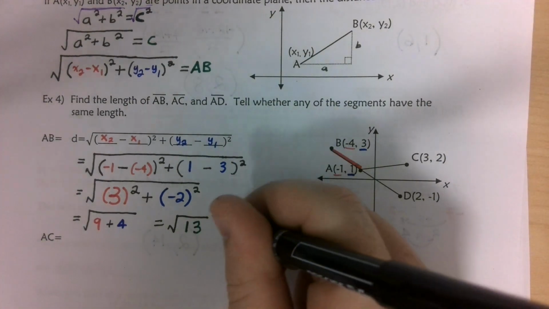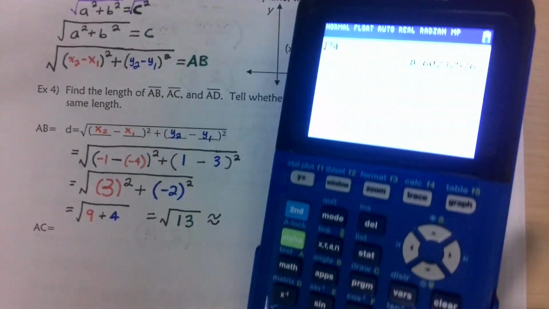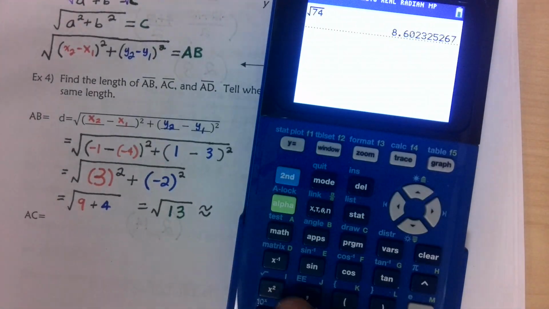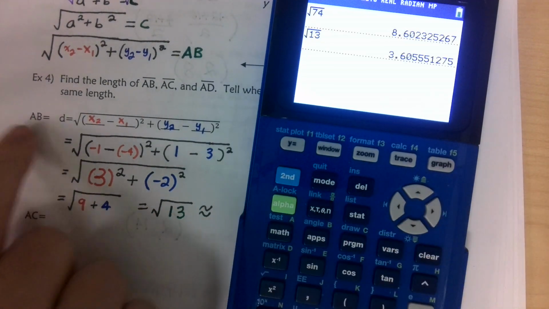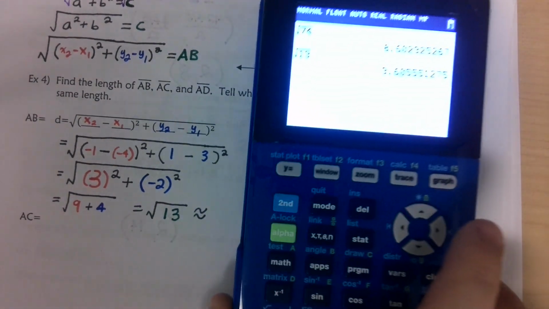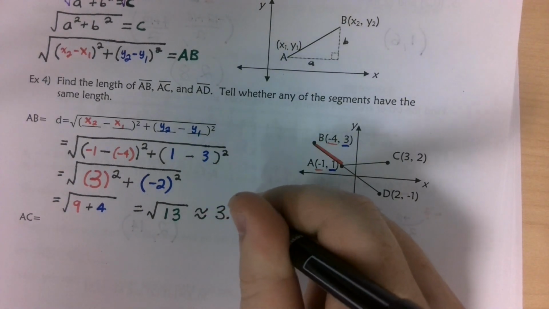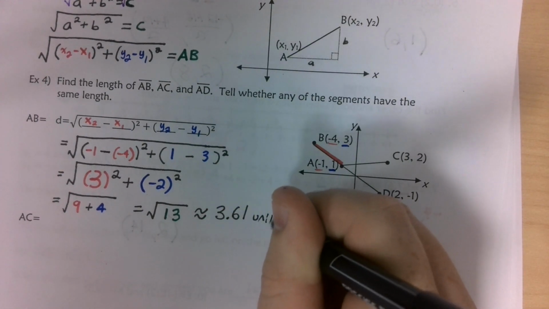And this is the part where we get to use our calculators. So once again, second square root button, 13, enter. Line segment AB is approximately 3.61 units long.